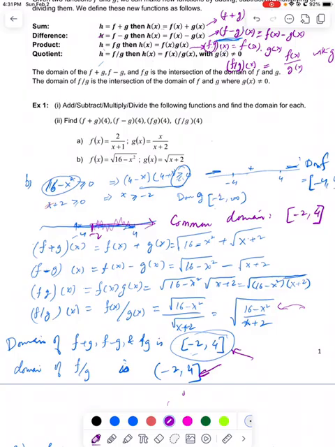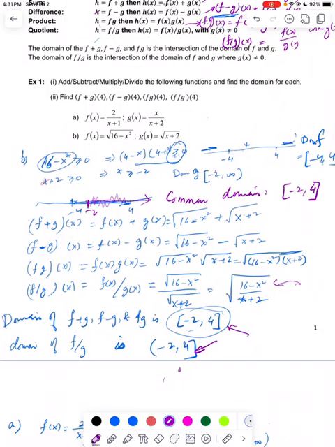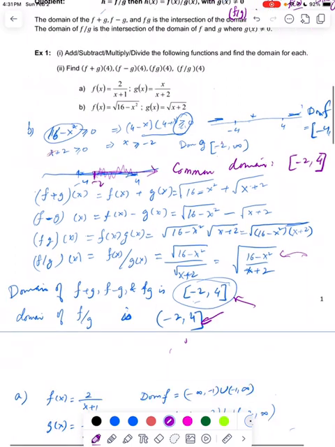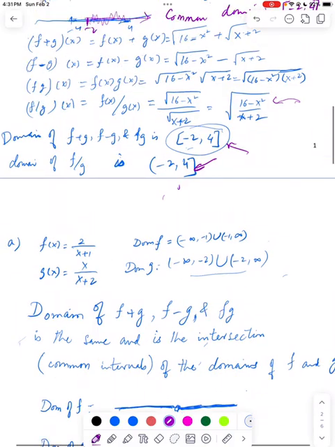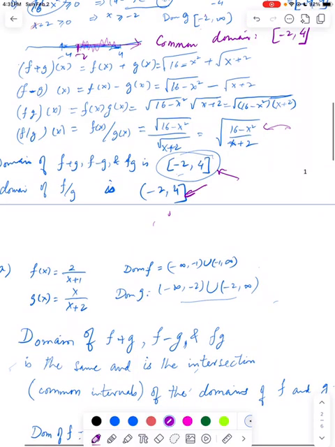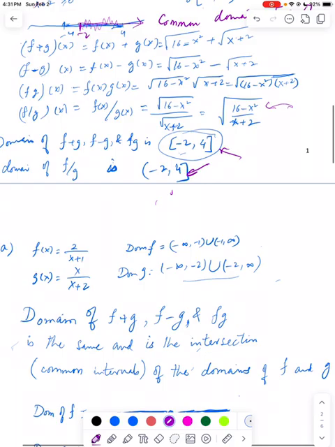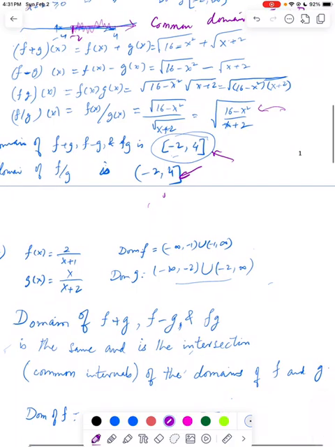Now, when we have fractions, both functions are fractions or rational functions. So we will have to add and subtract and multiply and all that. So looking at the domains first, f of x is given to be 2 over x plus 1 and g of x is given to be x over x plus 2.